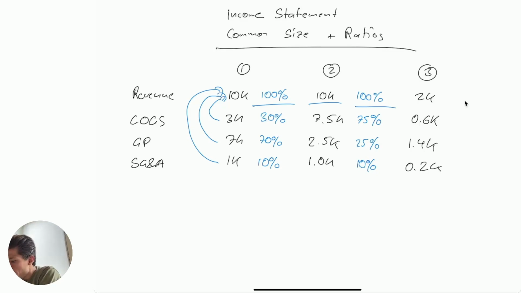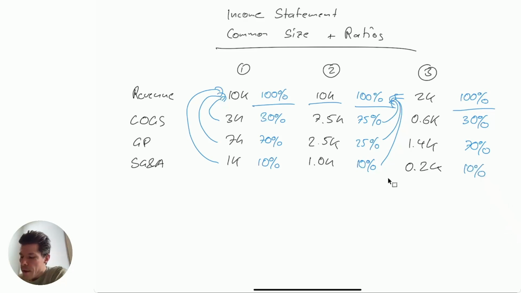So again, every single line item is illustrated as a percentage of revenue. Same here, this would be 100%. And then again, going through step by step, 30%, approximately 70%, 10%.